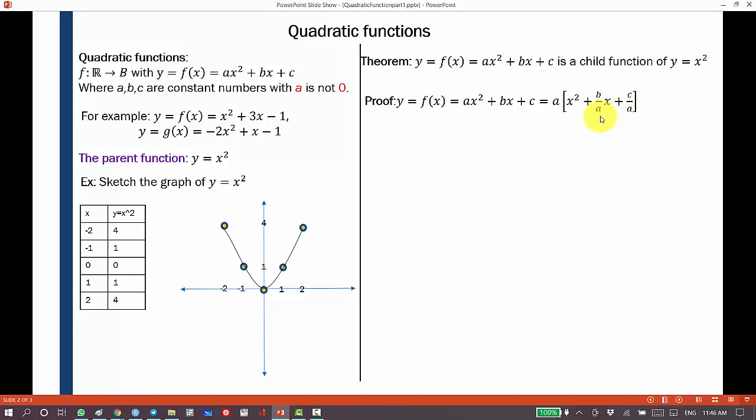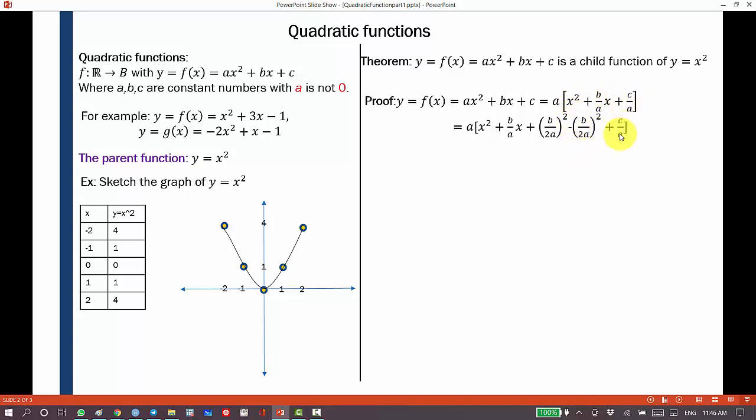In order to add that last square, we divide b/a by 2 and square it. Then we add, of course, and subtract that term. In other words, we have a[x² + (b/a)x + (b/2a)² − (b/2a)² + c/a]. We divided b/a by 2, which is b/2a, and squared it. We have added this and we have subtracted this so that the equation remains the same.